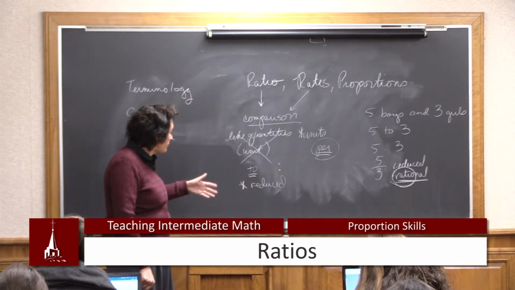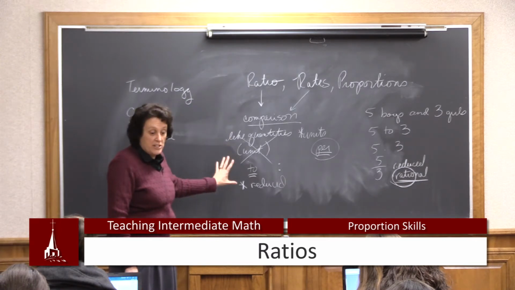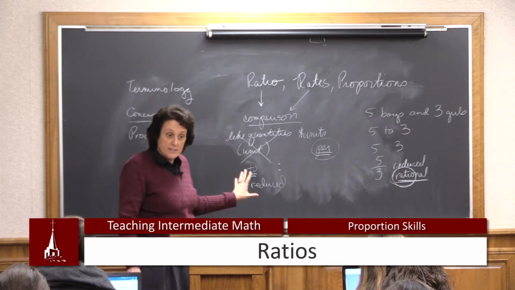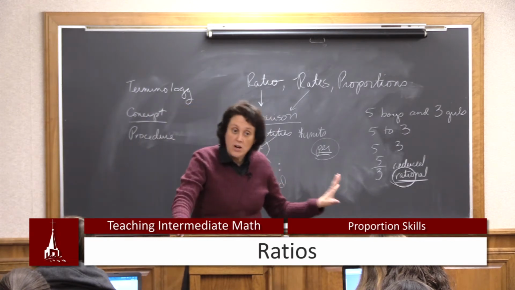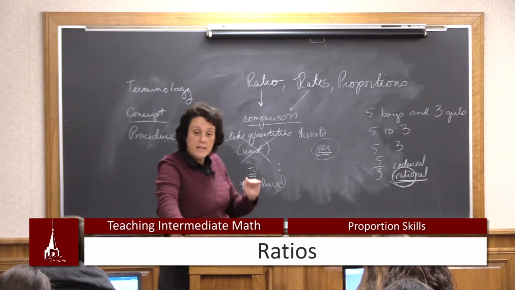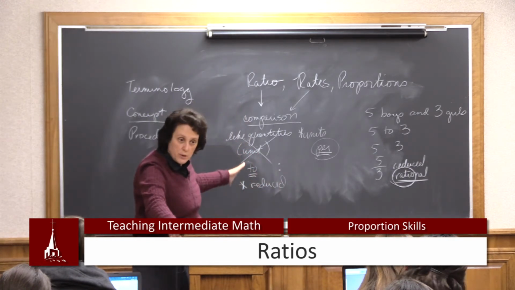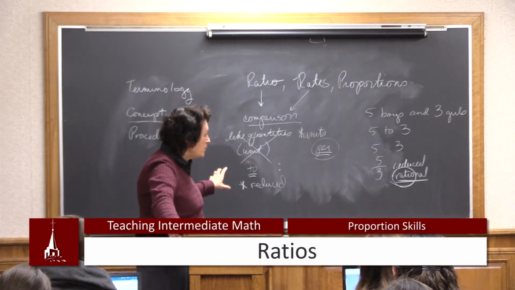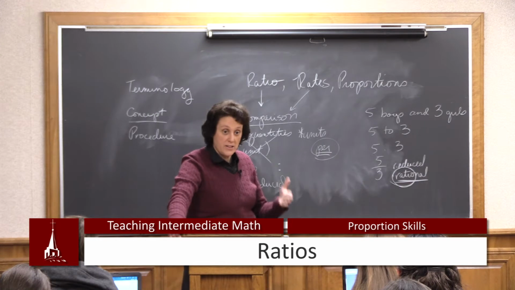So that is a ratio. It's a comparison of like quantities. The units are either not there or the units cancel. It is a numerical comparison only, and it's expressed in reduced rational form. So we do kind of want to make a break from our fraction math.